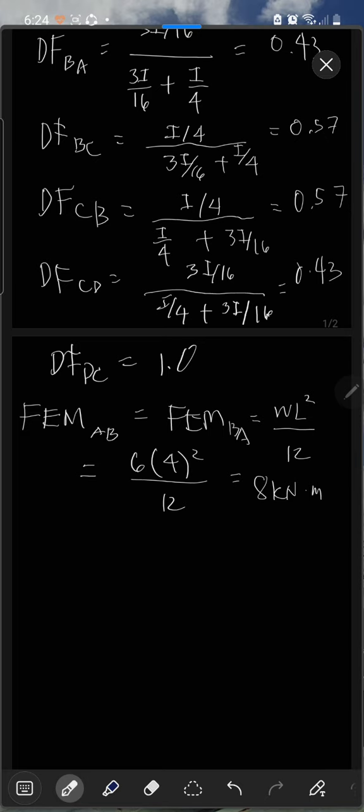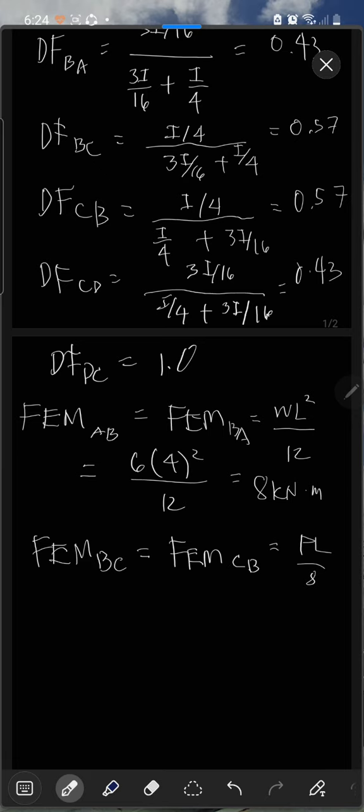The next is the fixed end moment for the span BC. So it is the same, since it is symmetric. Only the sign changes when we get to balancing the joint, balancing the moments. So, PL over 8.